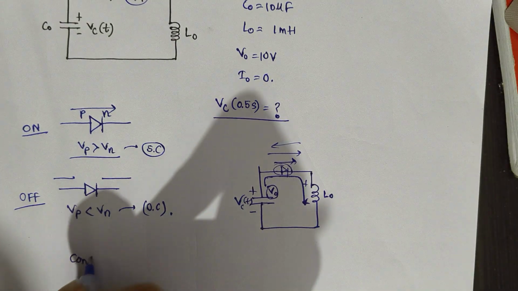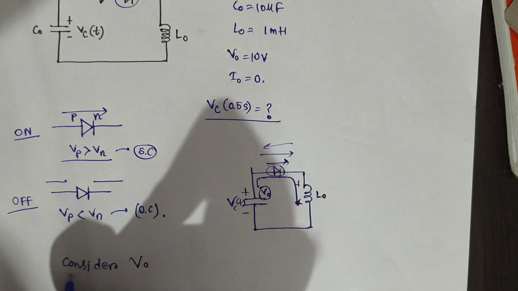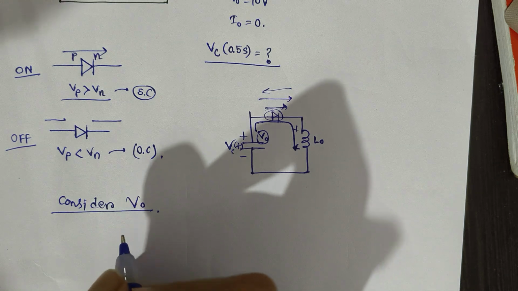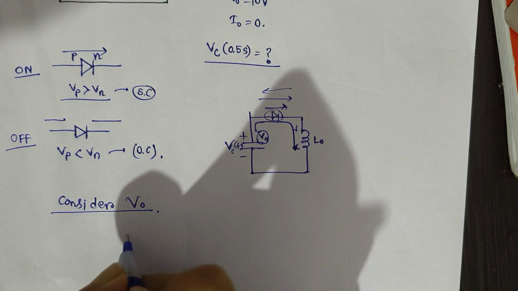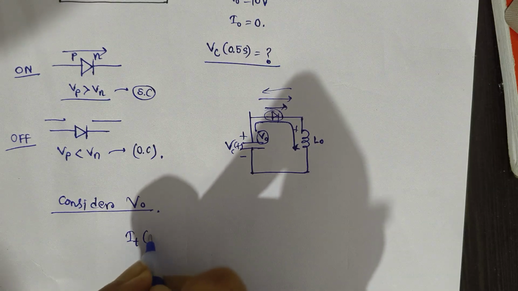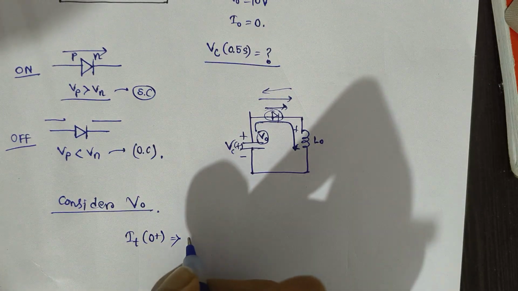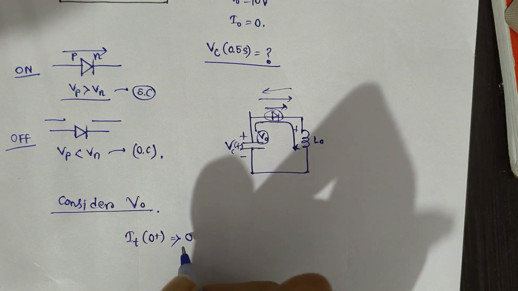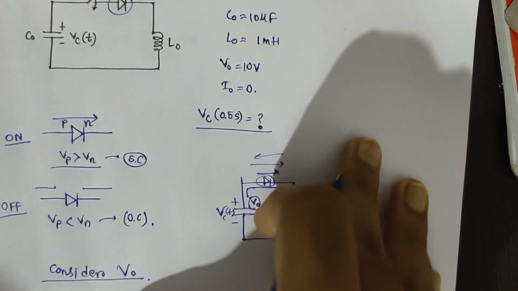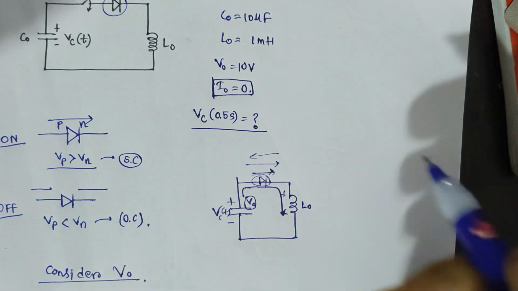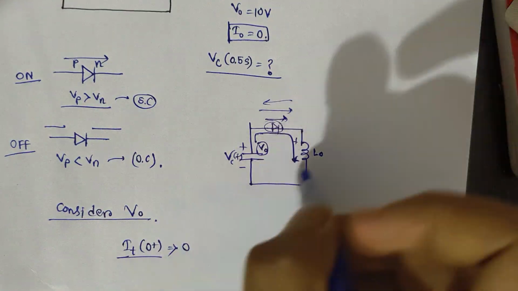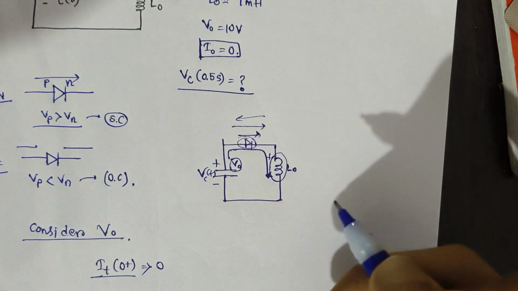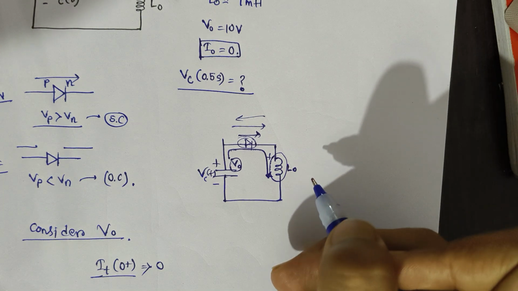So what I can say now, if we consider V0, we will find out that the I(t) at 0 plus will be 0, as the I0 given in the circuit is 0. The I(t) at 0 plus will be 0 because the inductor will tend to keep its current constant, right?